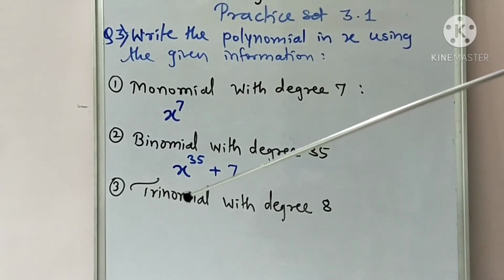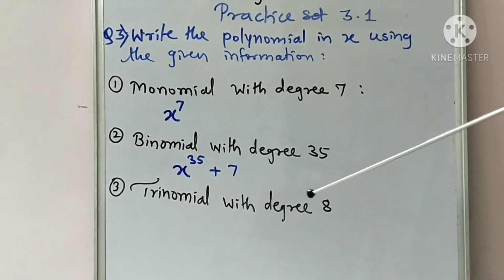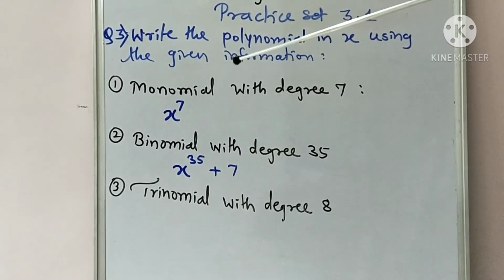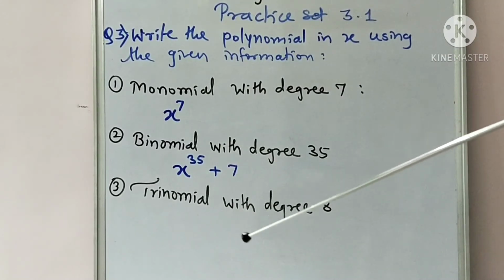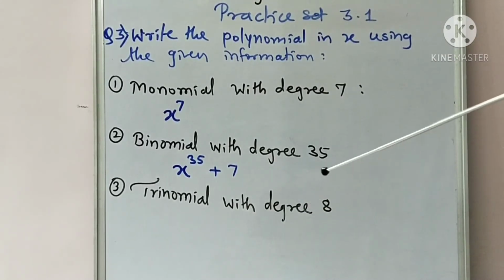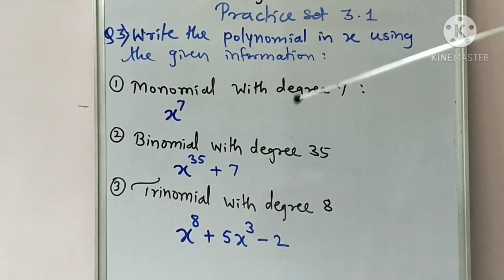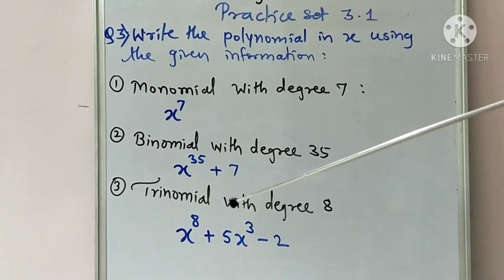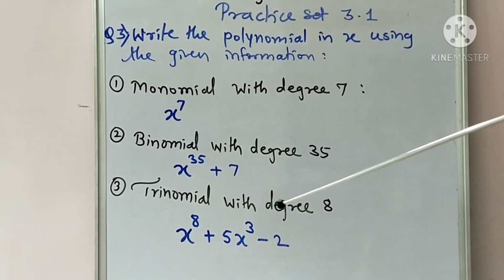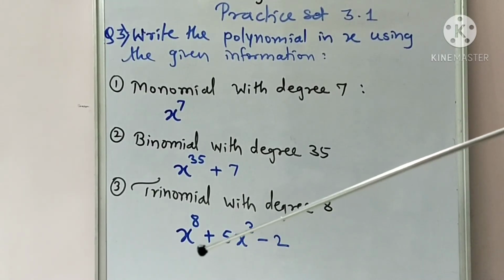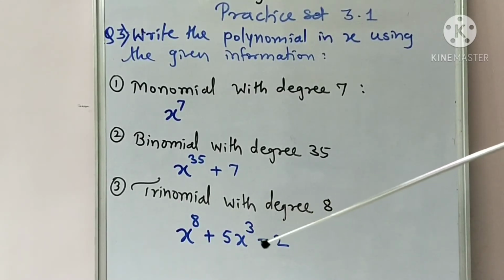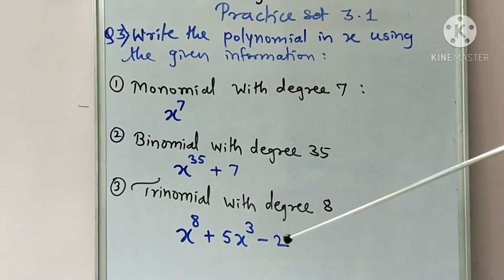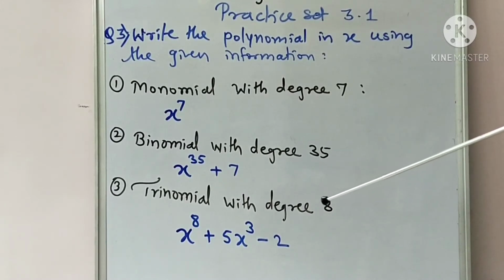Third one is trinomial with degree 8. Trinomial means if the polynomial has three terms, it's a trinomial, but we have to take the highest power as what? 8. So here is the polynomial with degree 8 and three terms: x raised to 8 plus 5x cube minus 2 is a trinomial with degree 8.